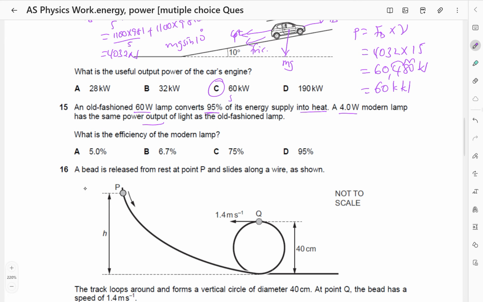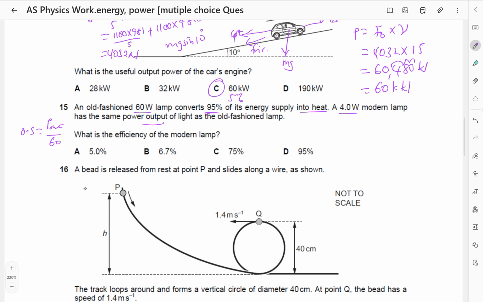That means only 5% is useful. Remember, efficiency is useful power output over power input. So for the old lamp, the efficiency will be equal to the power output over the power input, which is 60.